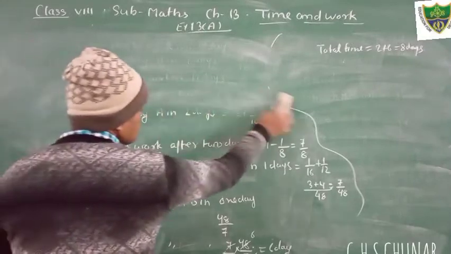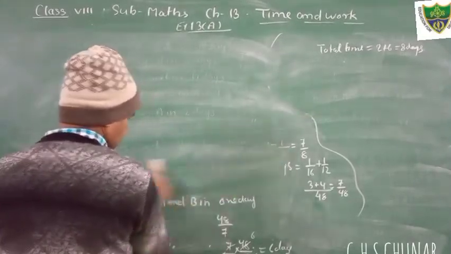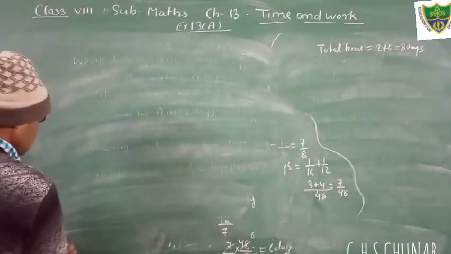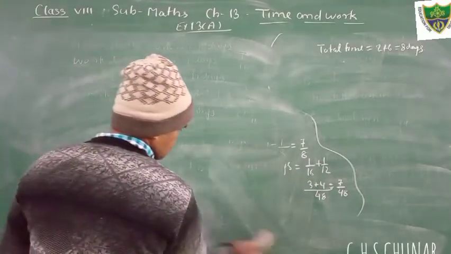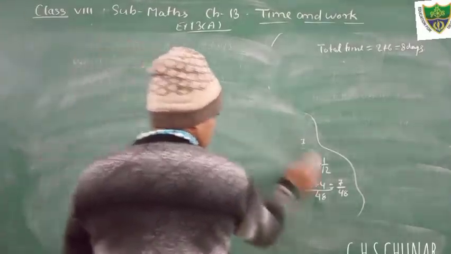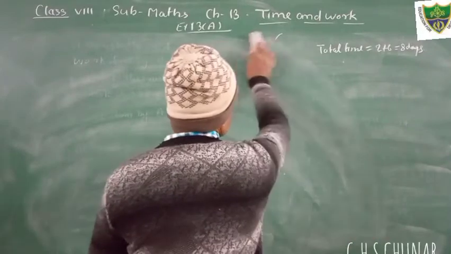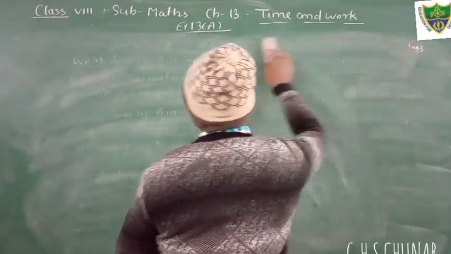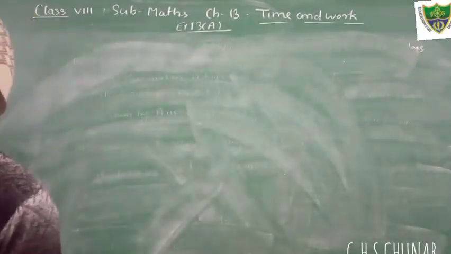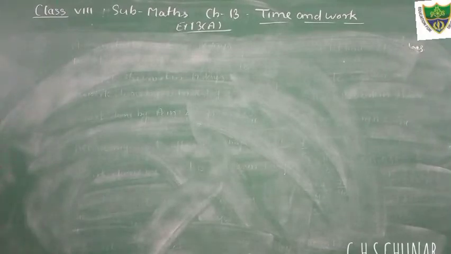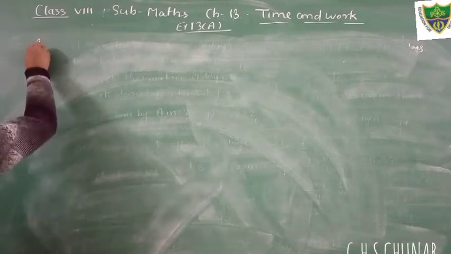We will solve question number 9. Question number 9 is also the same. A can do a piece of work in 14 days, B can do it in 21 days. They begin together and work at it for 6 days.